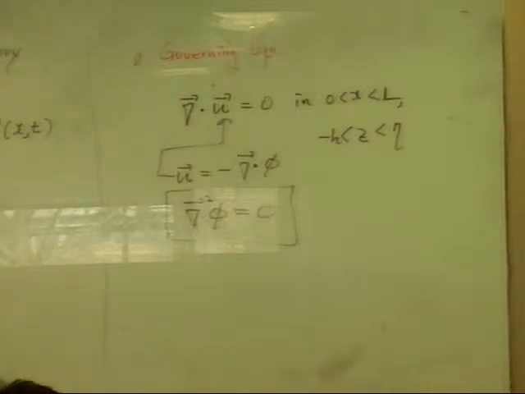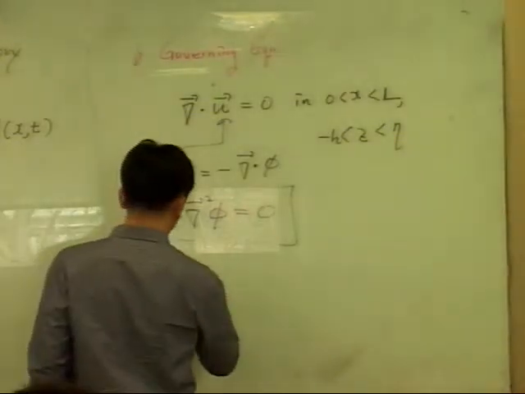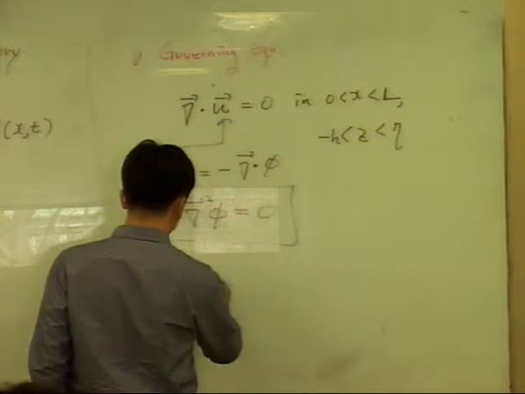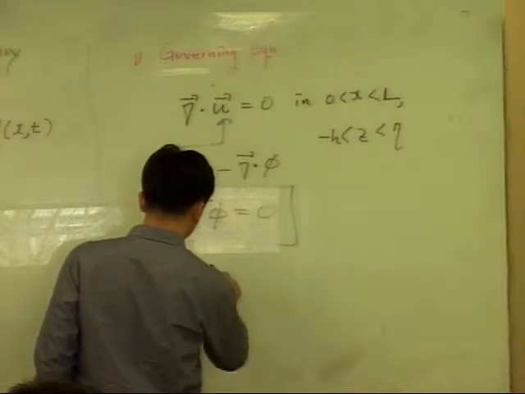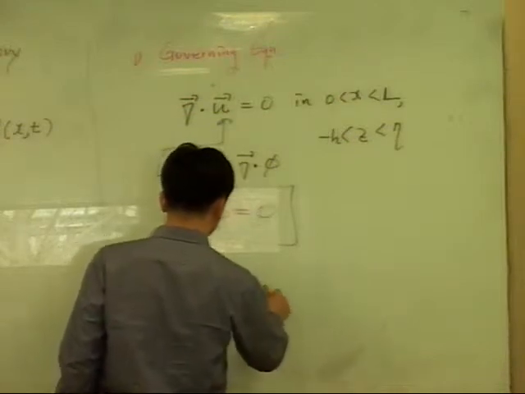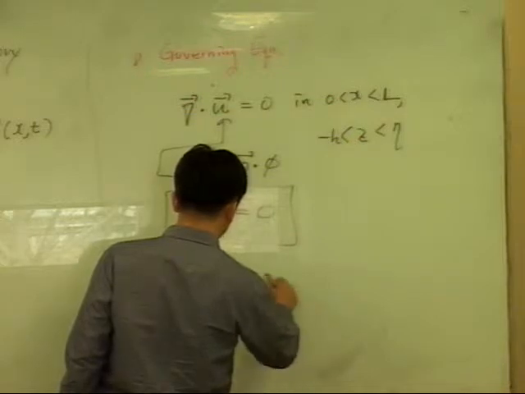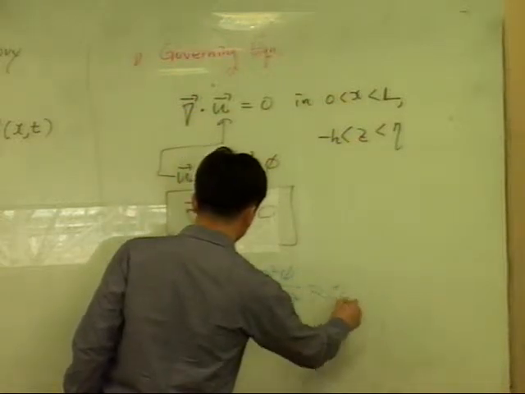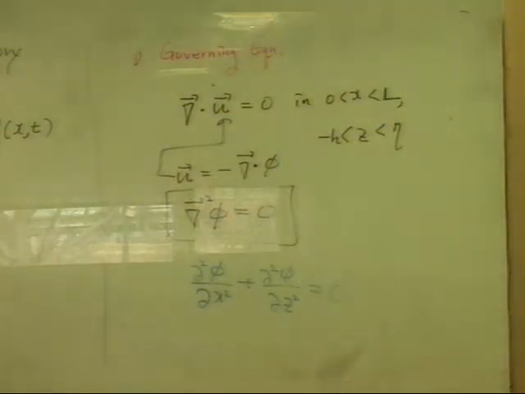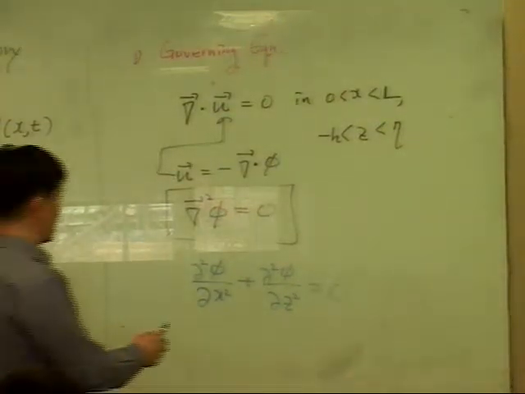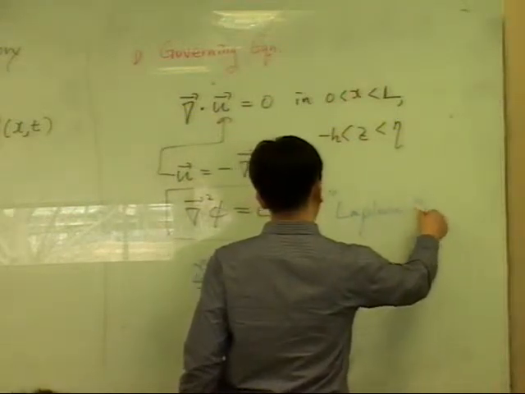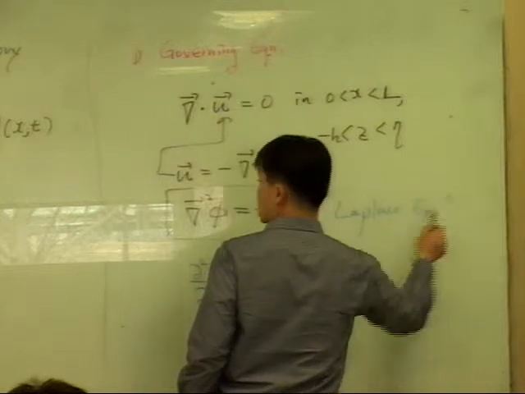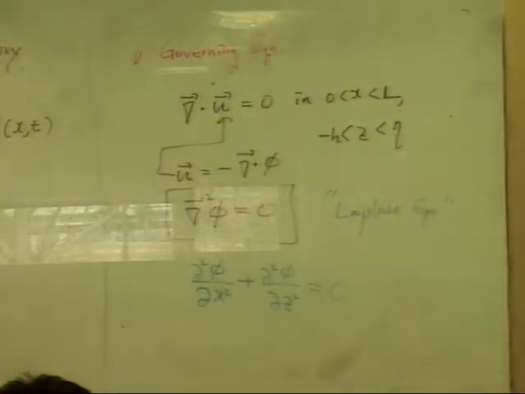This means the second derivative of phi in x plus the second derivative of phi in z equals 0. Same thing. We need this Laplace equation. Laplace equation is the governing equation.